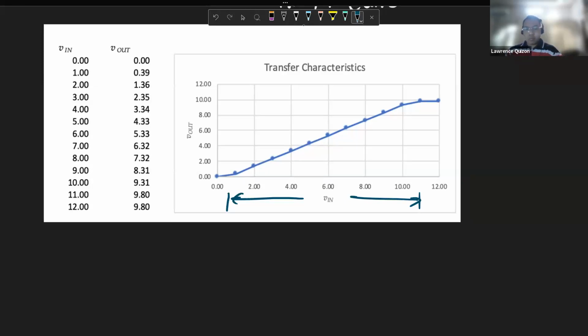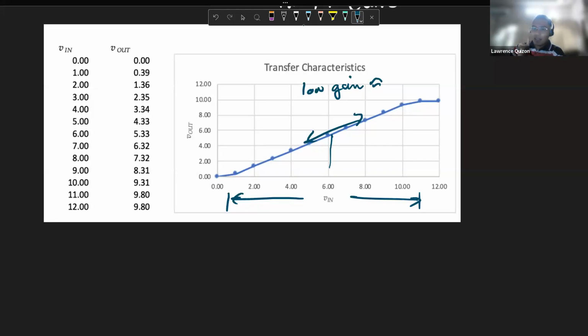Also, the gain is low. Actually, the gain is not just low. Can someone tell me, like, eyeball, no?